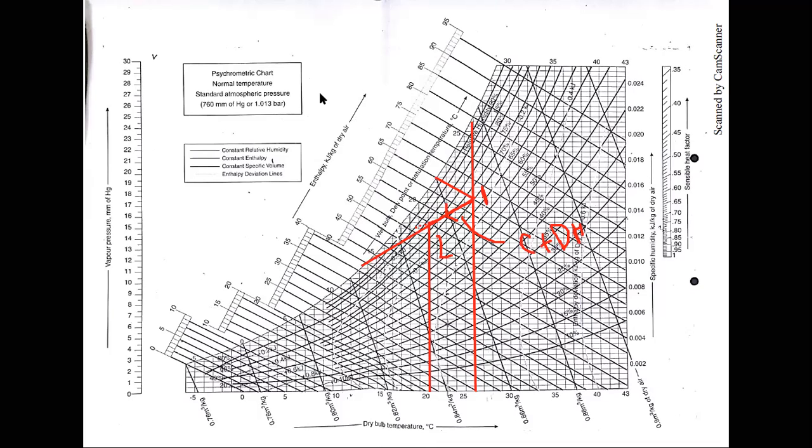So what is the ADP? Now tell me the answer. What is it? 13.5. Okay, 13.5 degree centigrade is your ADP. So this is the end of your experiment. Okay, 13 degree is your ADP.